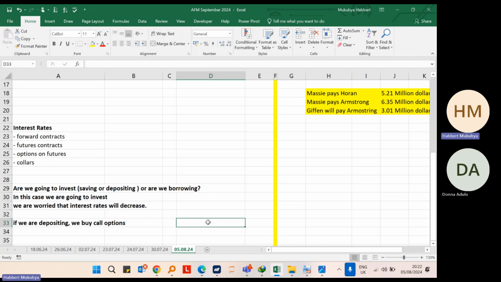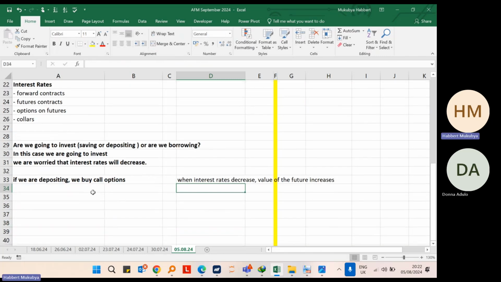And you know that when interest rates decrease, what normally increases is the value of the future, because usually the future amount is the one which increases, and vice versa. So if we are depositing, we are aware that the interest rates are going to decrease.